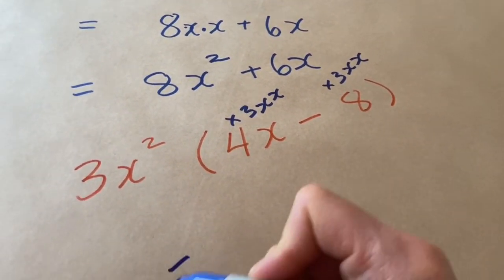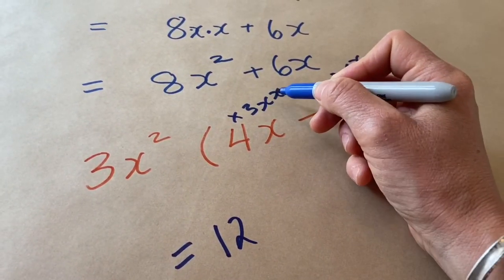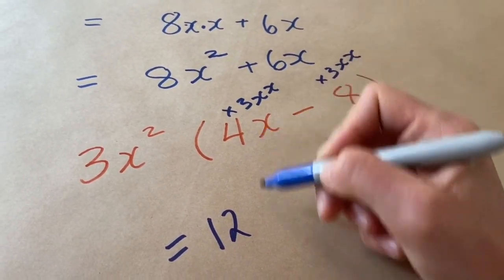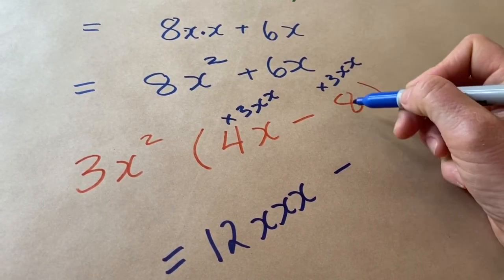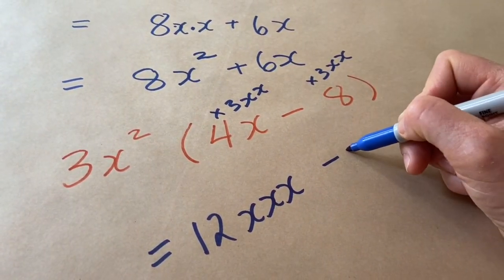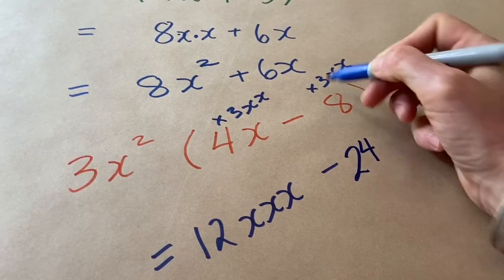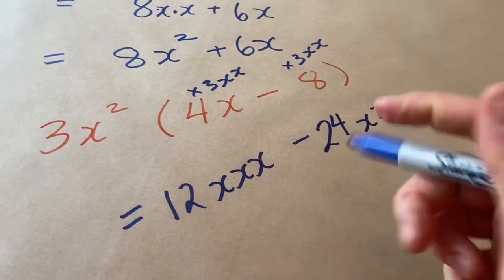Okay, what does that give us? 3 times 4 is 12. And then I have x times x for x squared times the extra x here. And then here I've got 3 times 8. And remember, you have to go 3 times minus 8. So it's going to be minus 24. And I've got x. Now we should simplify this or write it a little nicer.